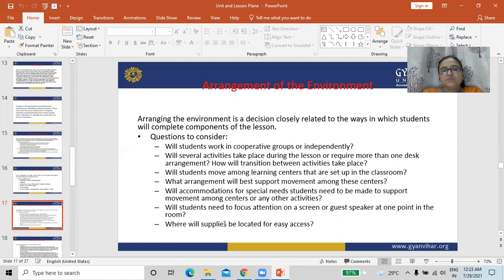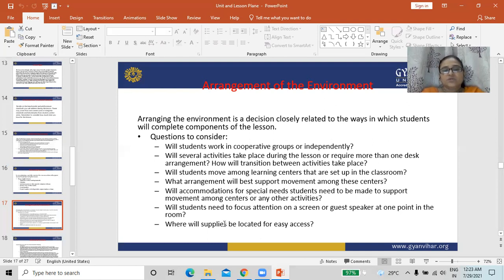What arrangement will best support movement among these centers? Will accommodations for special needs students need to be made to support movement among centers or any other activities?